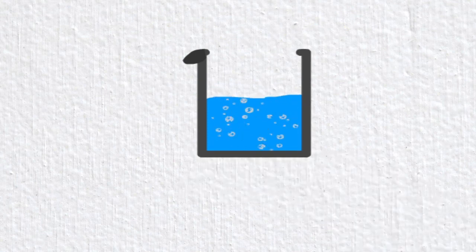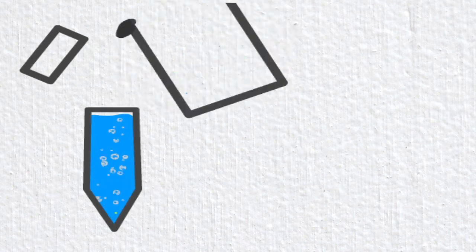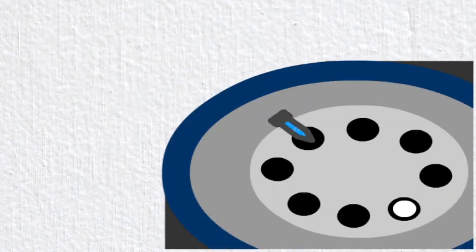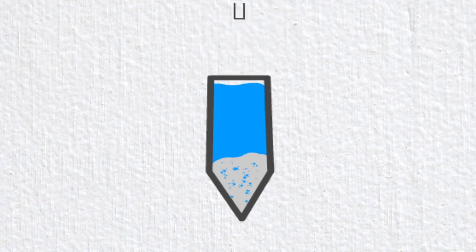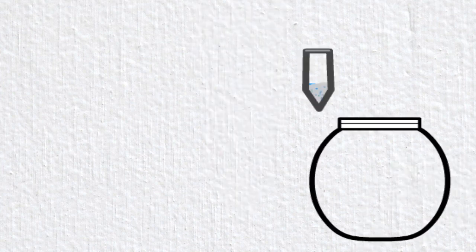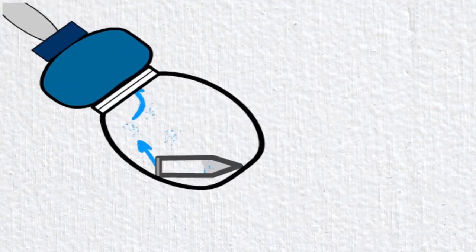Then, the mixture is centrifuged to separate the hardened capsules from the water phase. The water phase on top is removed and the capsules on the bottom are lyophilized, or freeze-dried, to make a dry powder.